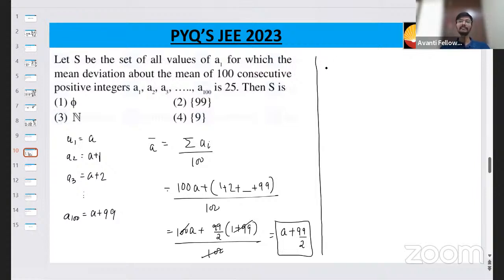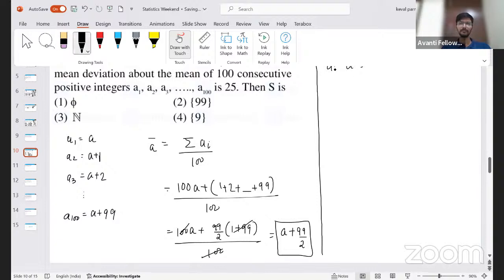What will be the mean deviation? So the sum of ai minus A bar. Let's first find one by one. ai minus A bar. So a1 minus A bar. Or it is better if we calculate A bar minus ai because we get positive values.